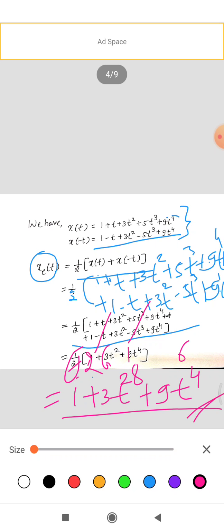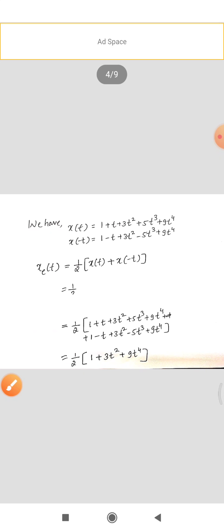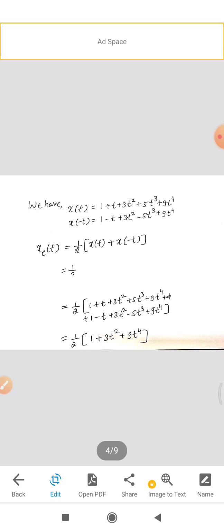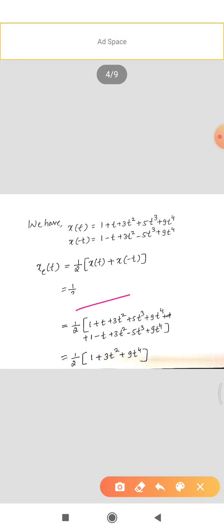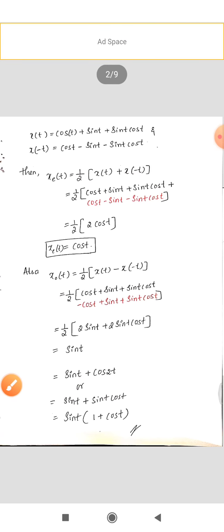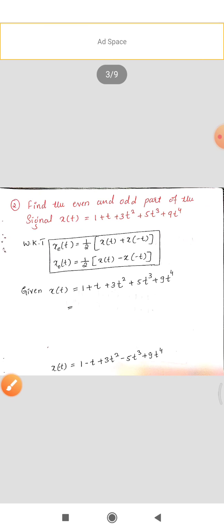So then we'll calculate the odd part of this one. Since I do not have space, we'll do this.